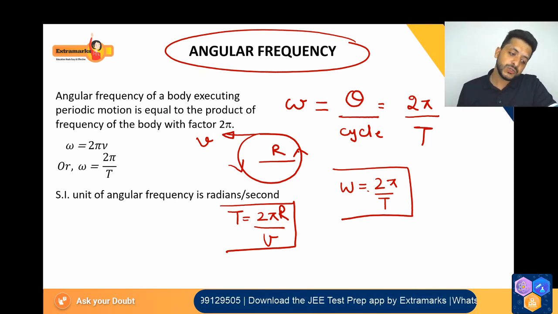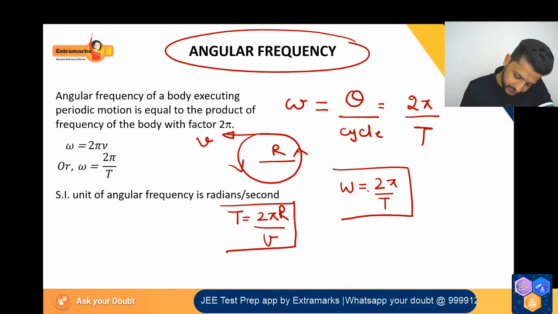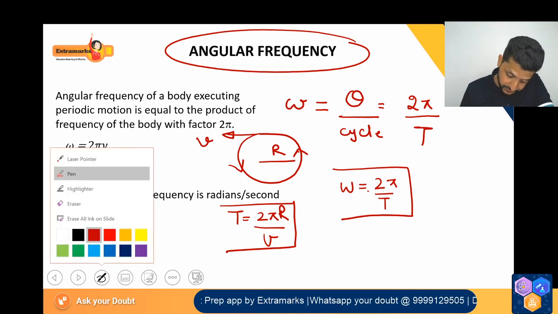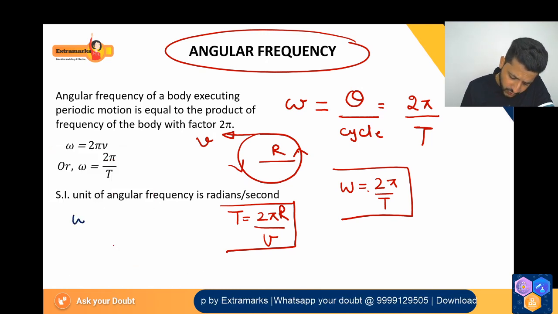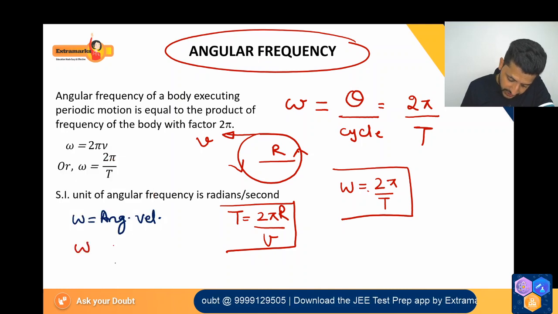Now there is a very important point. In rotational motion or circular motion, we often learn about another omega, and that omega is called angular velocity. This omega is called angular frequency.